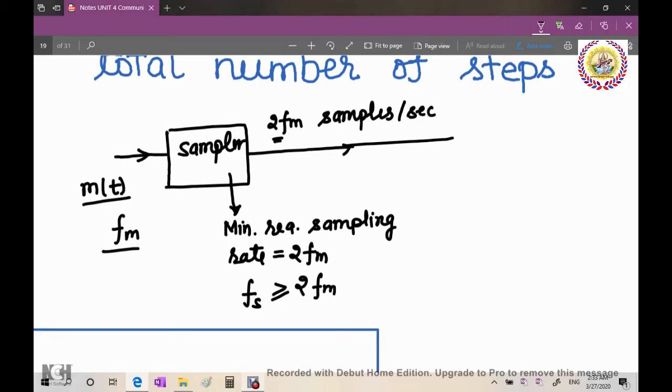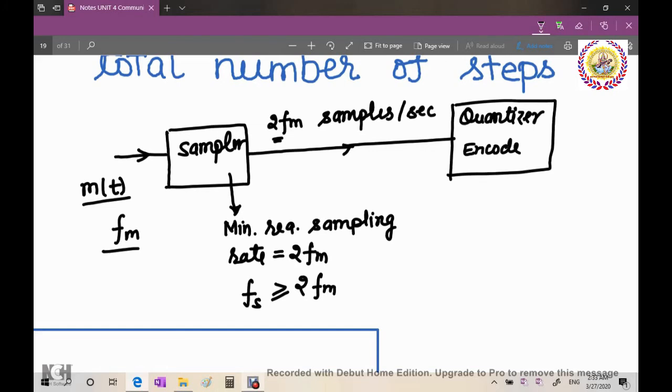Now let us consider that the output of the sampler is passing through the quantizer plus encoder block, and let us suppose that the encoder represents one sample by n number of bits.